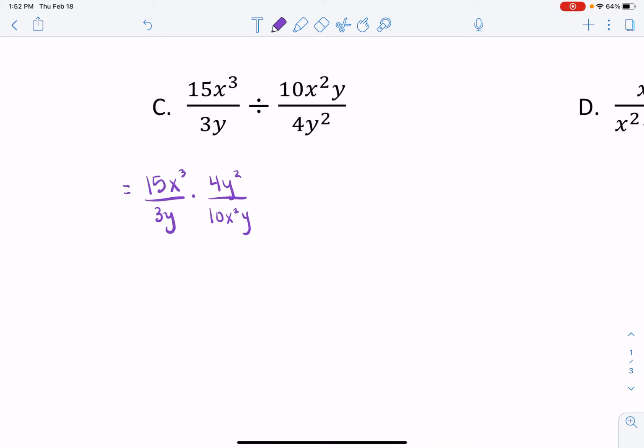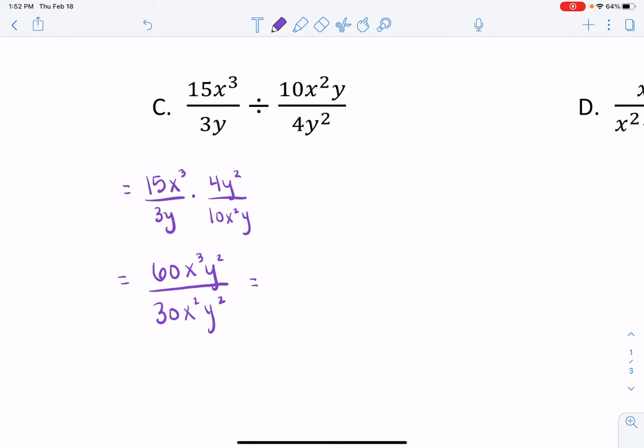Now we can rewrite them so they're more together. 15 times 4 gives us 60, and then we have x cubed y squared. And then we have 3y times 10x squared y, so that'll be 30x squared y squared.